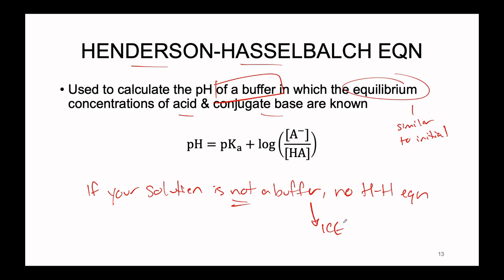If your solution is a buffer, though, we can use the equation outlined here, where your pH is calculated by taking the pKa, which is equal to the negative log of your Ka, and adding the log of the concentration of your conjugate base divided by the concentration of your weak acid.